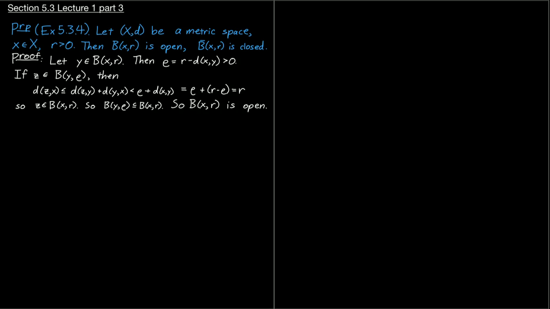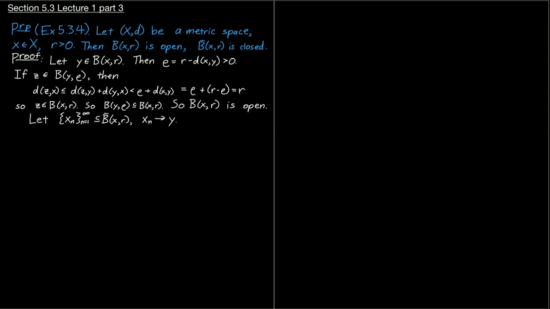Now let's prove that the other one is closed. Let's suppose that x_n converges to, we've used x already, so let's suppose it converges to y.